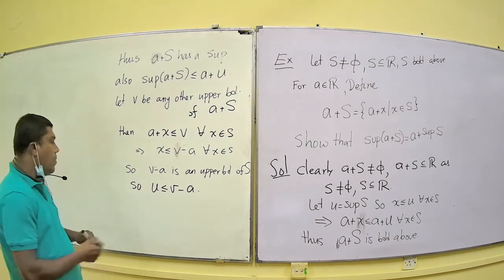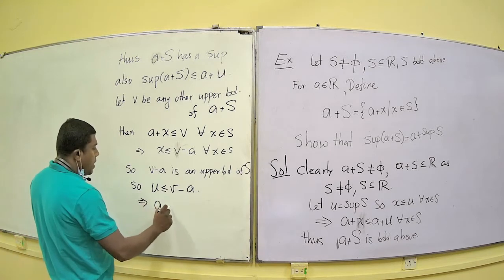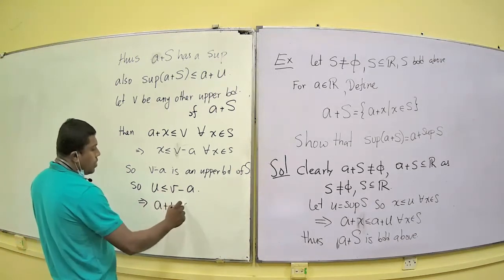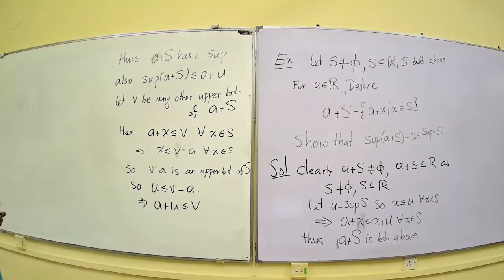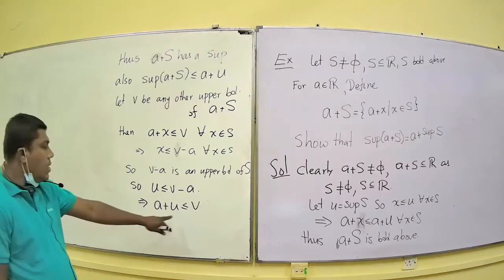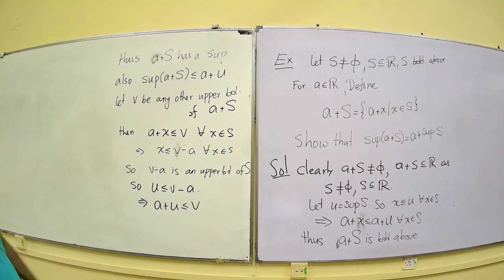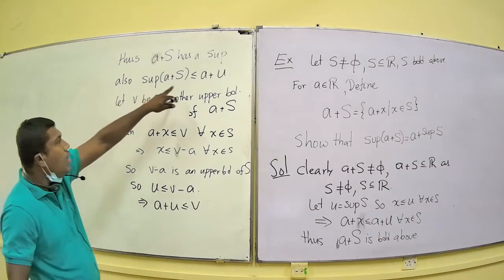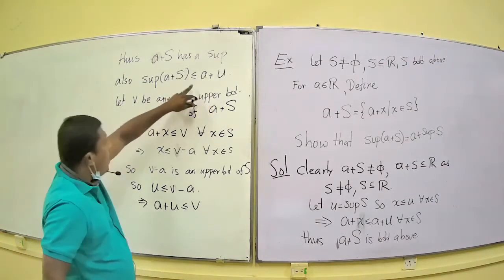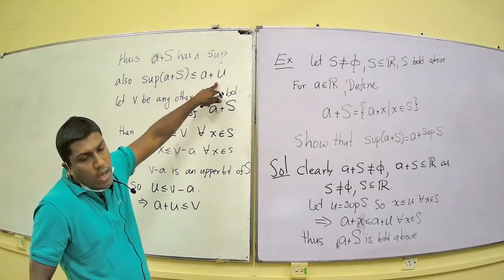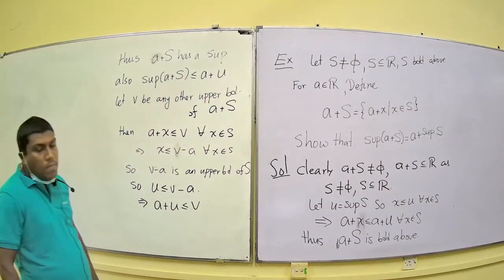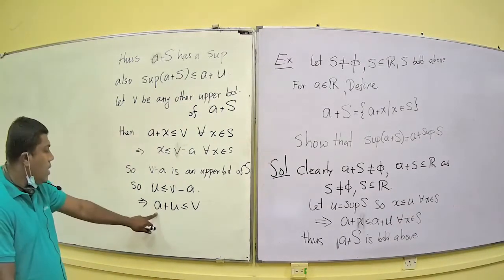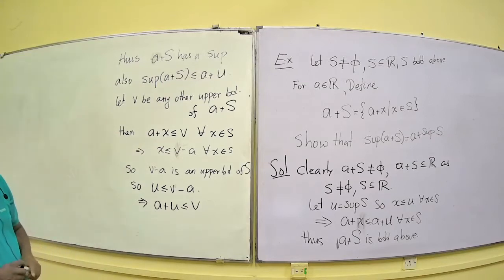So U will be less than or equal to V minus A. So that clearly tells you A plus U is less than or equal to V. You notice that A plus U is an upper bound and the supremum of that is less than or equal to A plus U, but any other upper bound V is this, right?